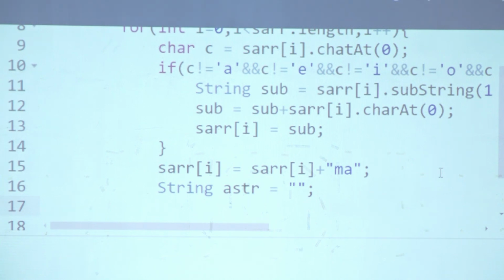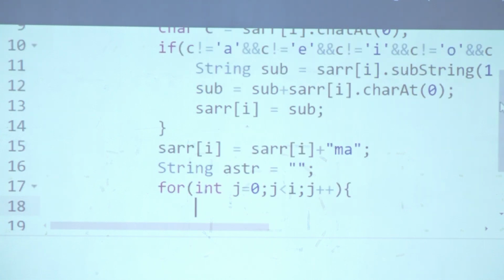How many? i plus 1, because remember the index i means one A. So I'll use another index j: int j equal to 0, j less than i, j plus plus.